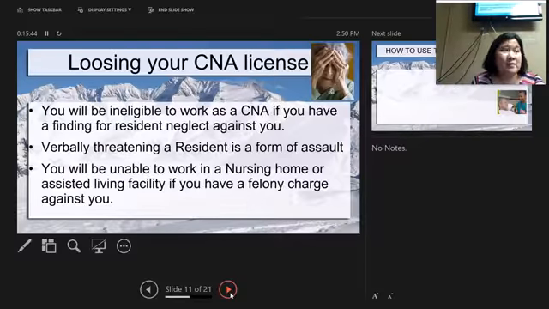You will be unable to work in a nursing facility. You also will not be able to get any other medical associated license. So if you have a felony charge against you, a lot of times places in healthcare will not hire you. And that's any kind of felony. And that is just to protect the work environment and to protect the patient.